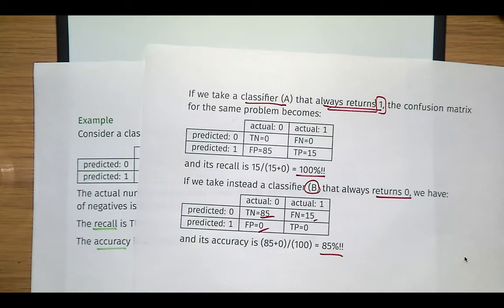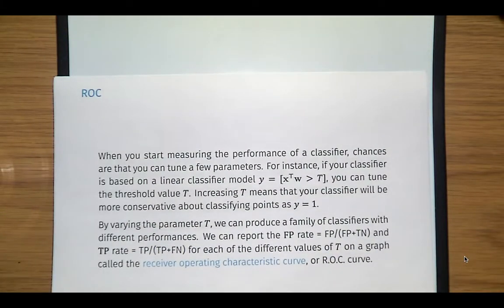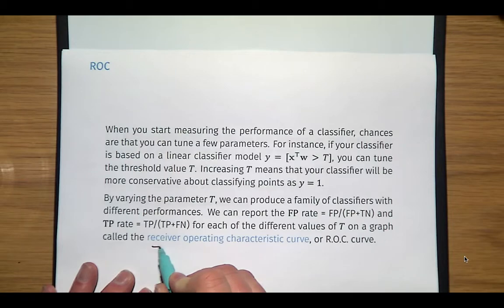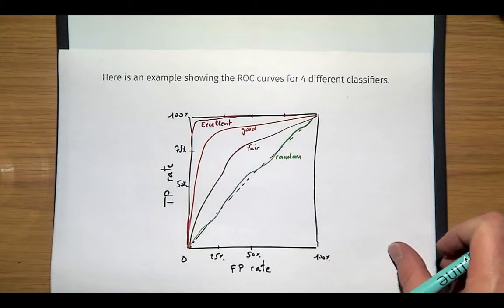Okay, so you've seen this morning something called the ROC curve. It refers to receiver operating characteristic curve, which is actually something quite old, okay, that dates back from the 50s. And it basically works like this, okay?